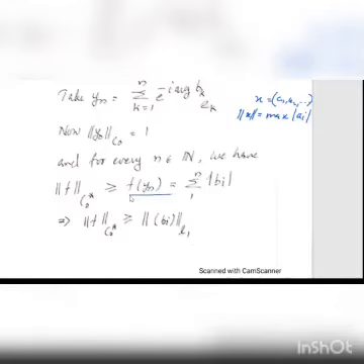Now f of yn is nothing but this value, which implies norm of f in c0 star is greater than or equal to the sum of mod bi at L1. Now we can replace it.